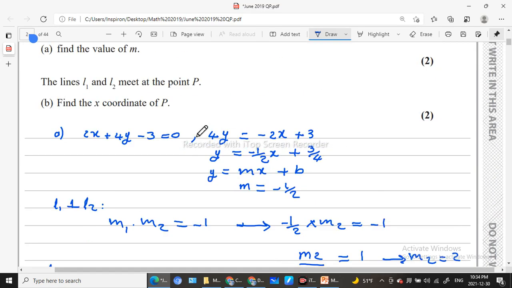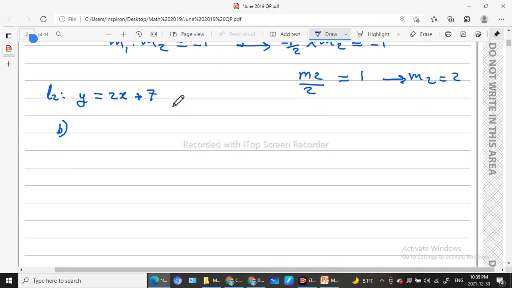Now part B, the lines L1 and L2 meet at the point B. Find the x coordinate of B. This is for L2 and this is for L1.